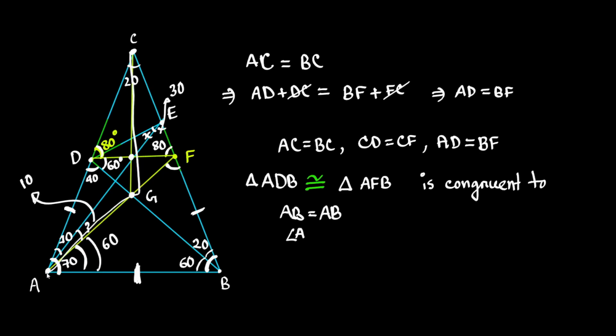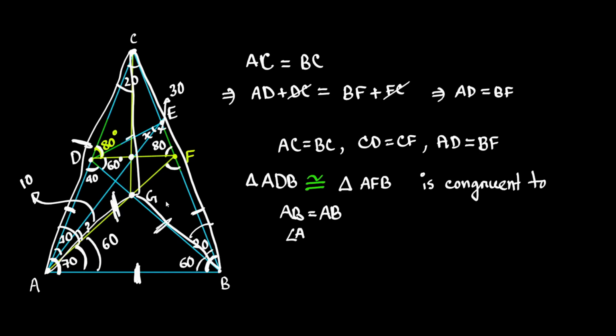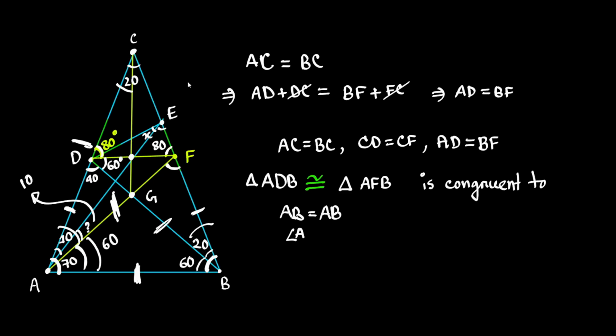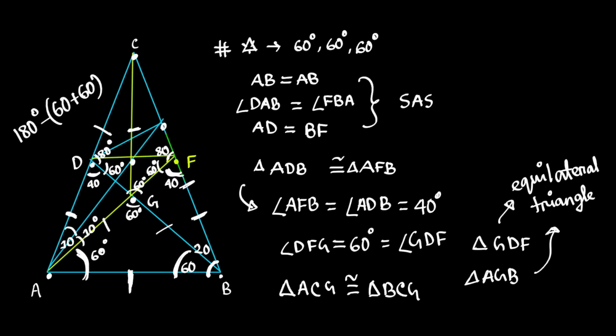This and this triangle are congruent. I managed to prove those two after getting this as 10, this was 20, this was 20, and this was the common side. After proving those two congruent, we could say that CG was bisecting our ACB angle.